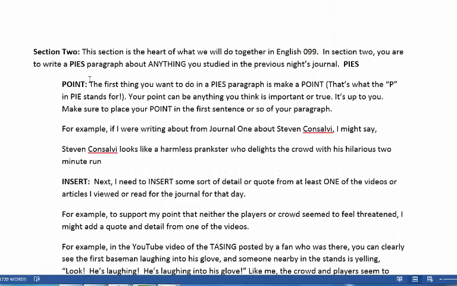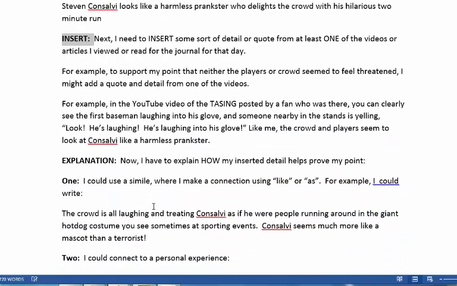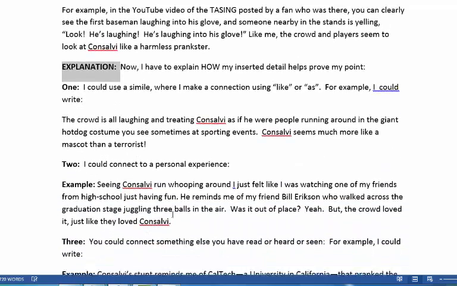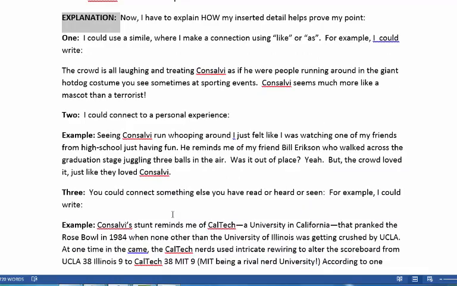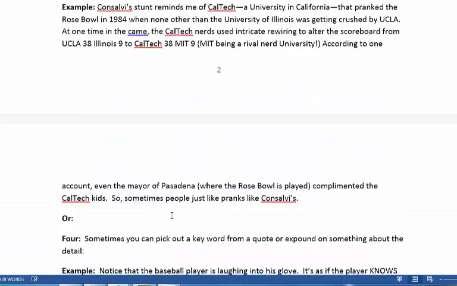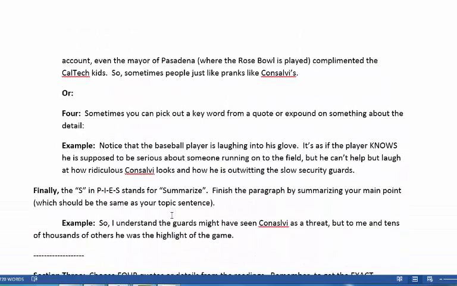So that is section 2 of the journals, writing this PIES paragraph, P-I-E-S: point, make a point; insert some quote or detail from the readings or the videos; explain, add something extra like a simile, personal experience, outside connection, or expound upon a specific detail or word in the quote.